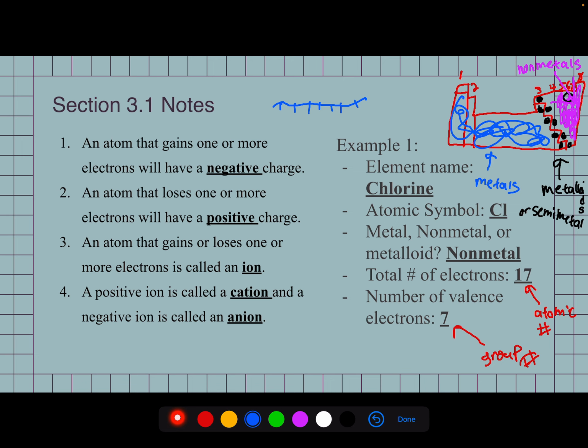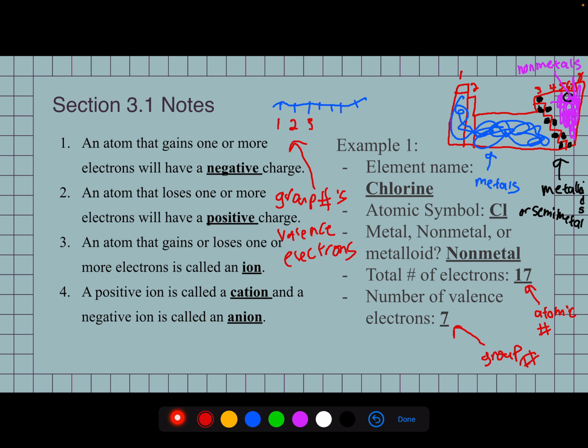So these numbers that I'm going to be writing down below, 1, 2, or 3, these are your group numbers, or your valence electrons.